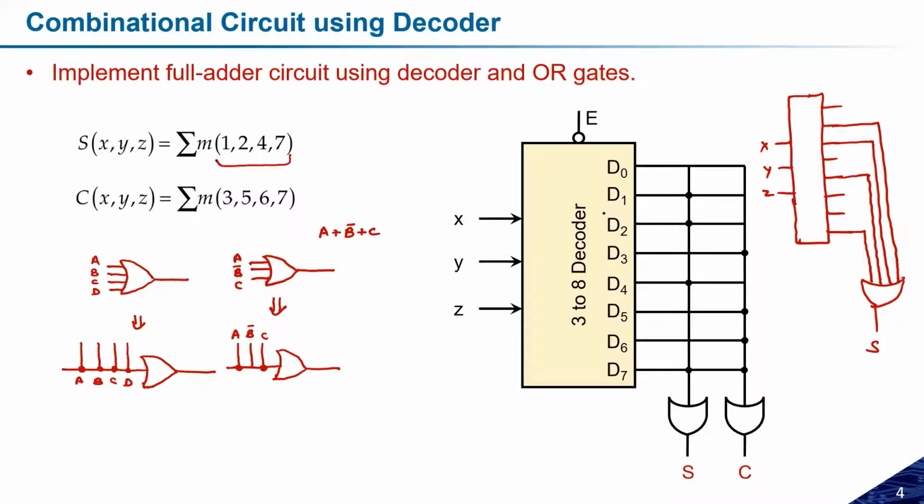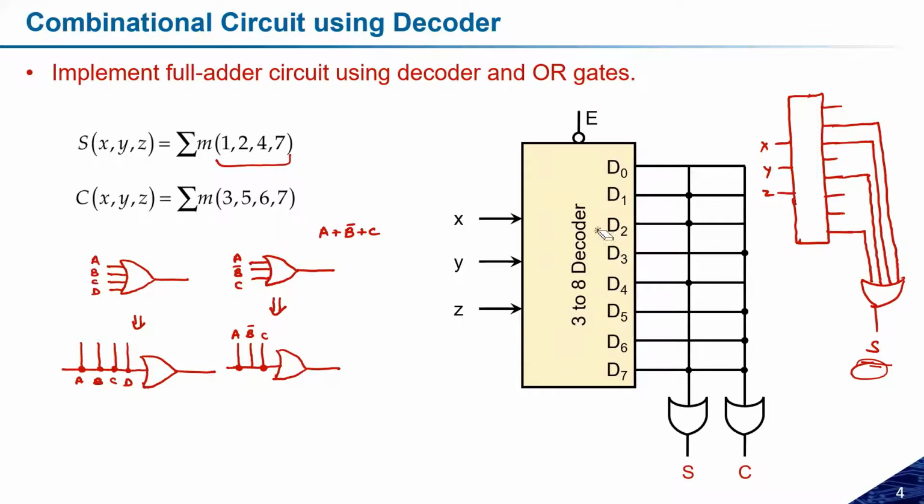Based on these minterms, D1, D2, D4, and D7, we are ORing them, and we will get the sum out of it. So if any one of these, D1, D2, D4, is high, then you will get the sum high. So the sum will be high if any one of these is high. Okay, you got the point?